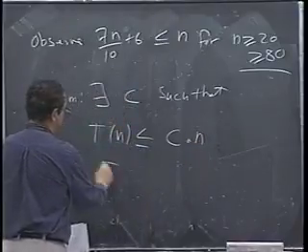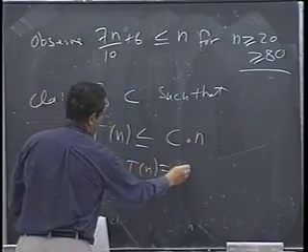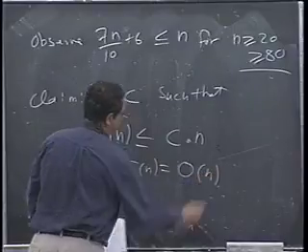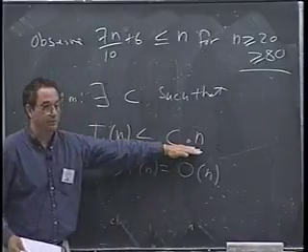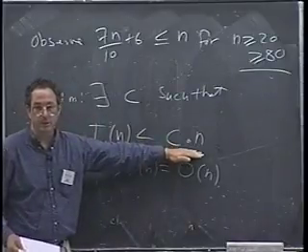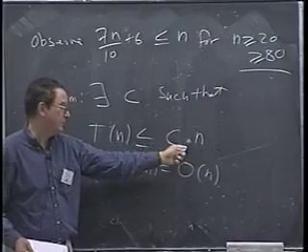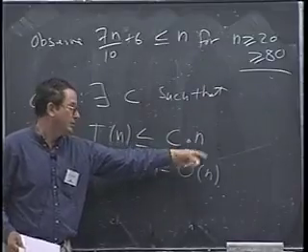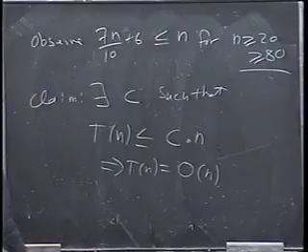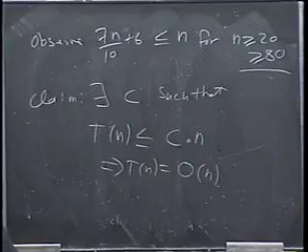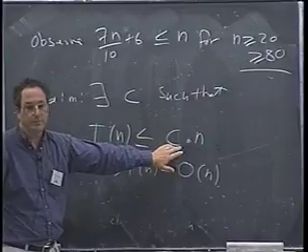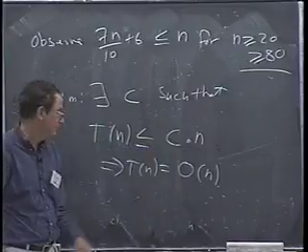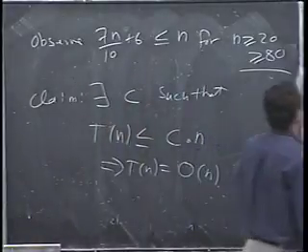In other words, T of n is big O of n. This is my claimed solution, and this is what I'm going to substitute in for T of n: some constant, which I don't yet know, times n. And you see why I wanted to change this to a different symbol, because this constant on the number of operations is initially unrelated to c. We're going to establish a relationship later, but it's certainly not necessarily the same.